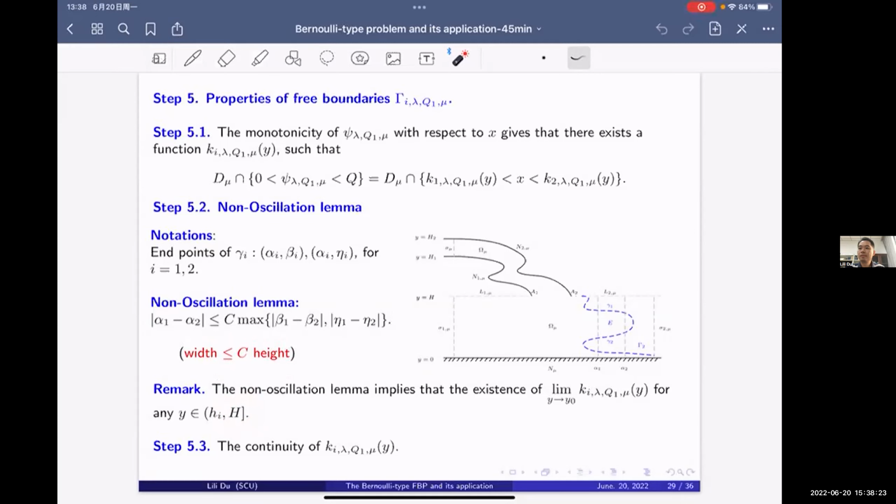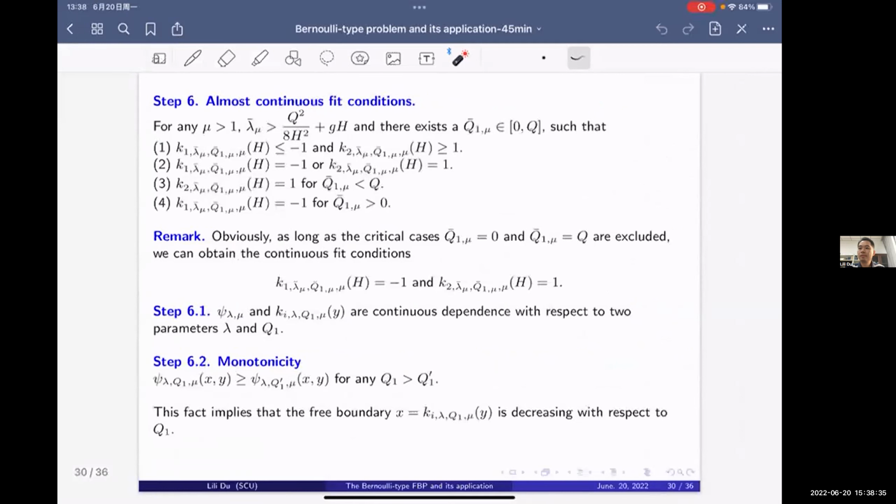So we can consider the key point, the continuous fit conditions, and show that the free boundary connects the endpoints of the nozzle. First, we establish the almost continuous fit condition in the truncated domain, omega mu.